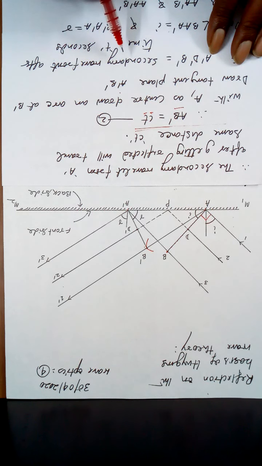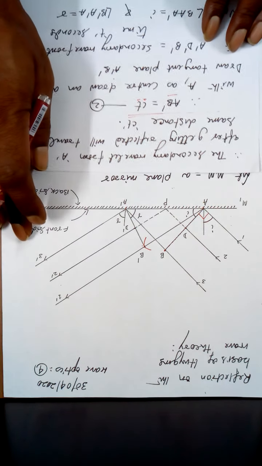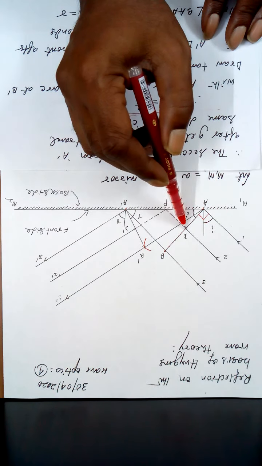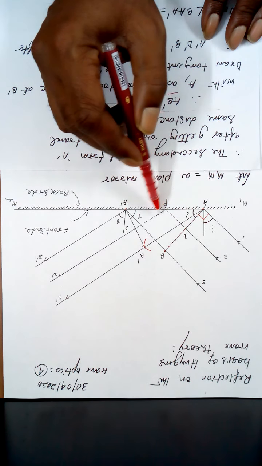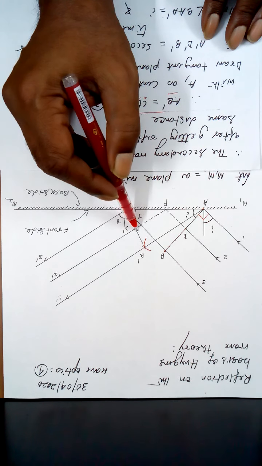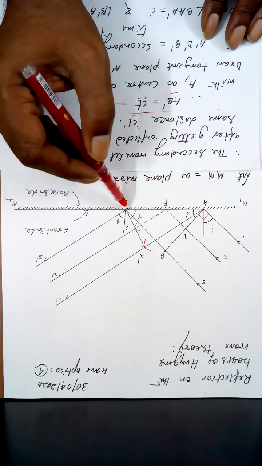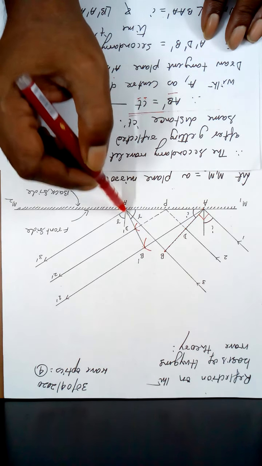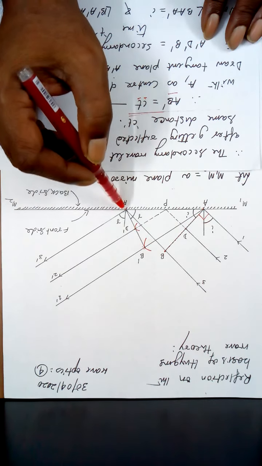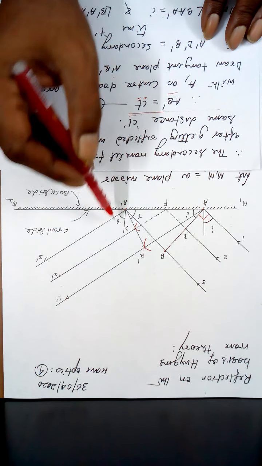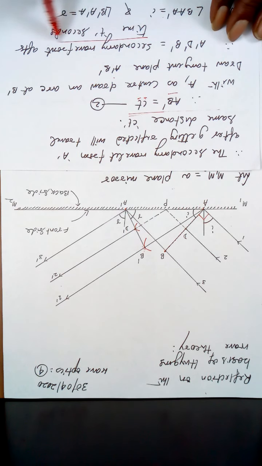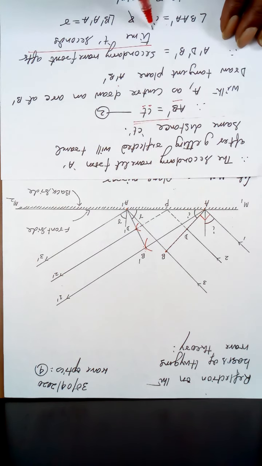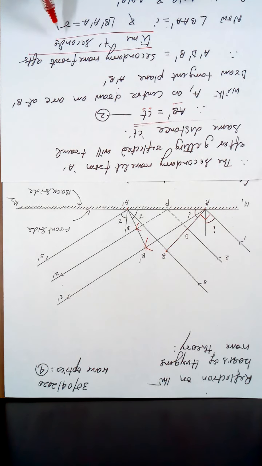Now in the same time, the wavelet from D will travel the distance from here to here and from here to here. So this is the common tangent. Therefore A dash D dash B dash is the secondary wavefront after time t seconds.